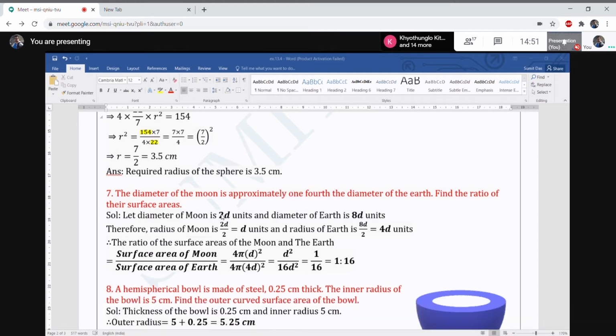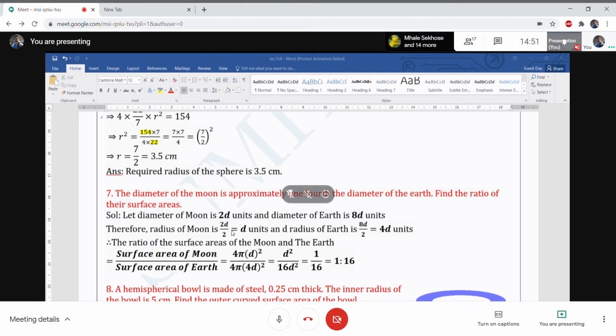Because if we take 2d as the diameter, the radius can be in a non-fraction form, d. For that reason I take 2d. And the diameter of the earth is 8d, because the earth's diameter is 4 times the moon's, so earth will be 8d and moon 2d.